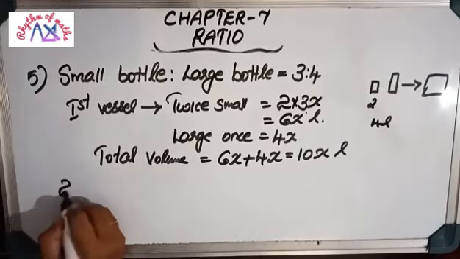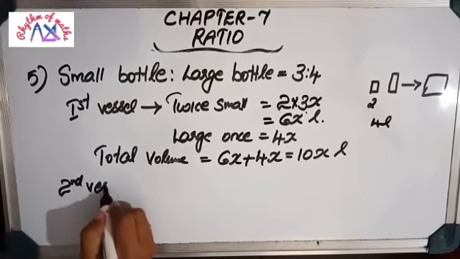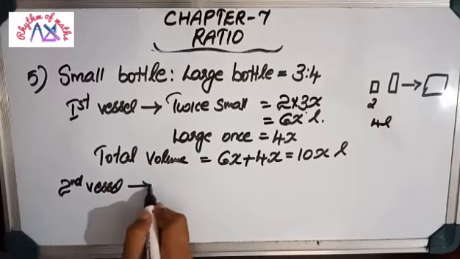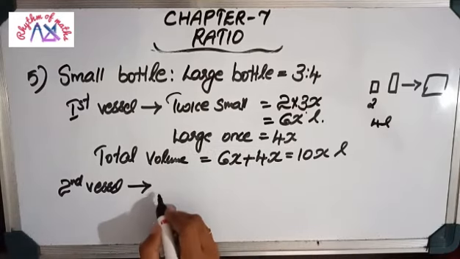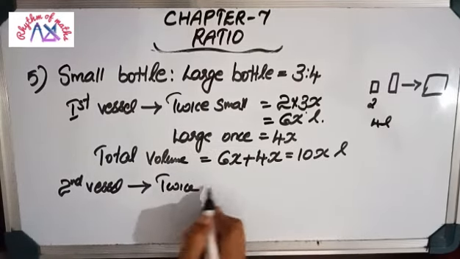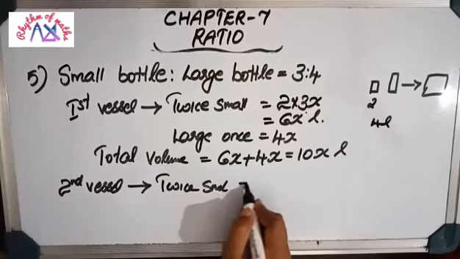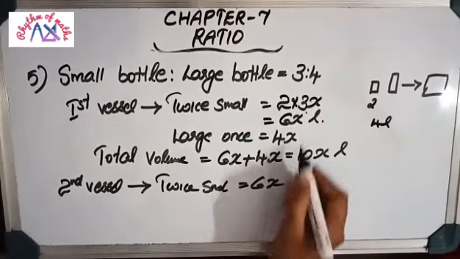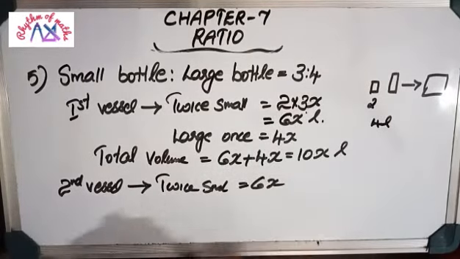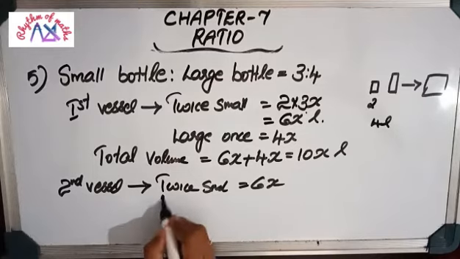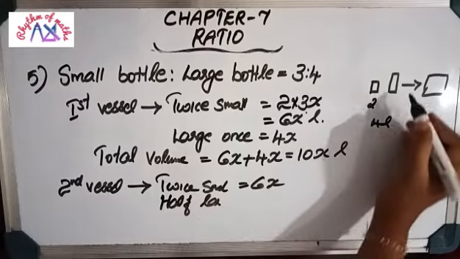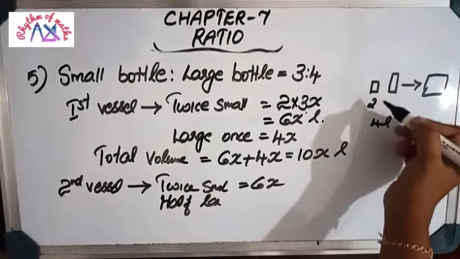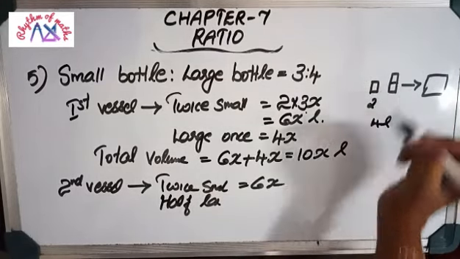Similarly, in the second vessel, first we are going to take twice the smaller. That is the same, twice smaller. So quantity will be 6x, that is 2 into 3x, the same 6x. Now for the larger bottle, we will fill only half. We are not going to complete the large one, we are only taking half.